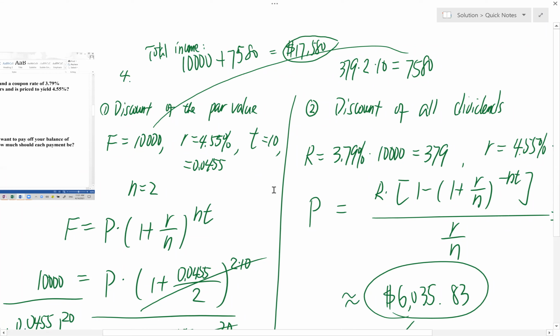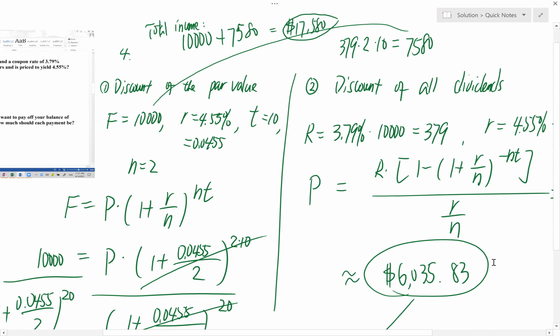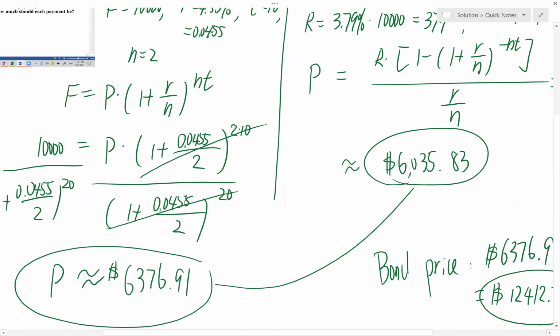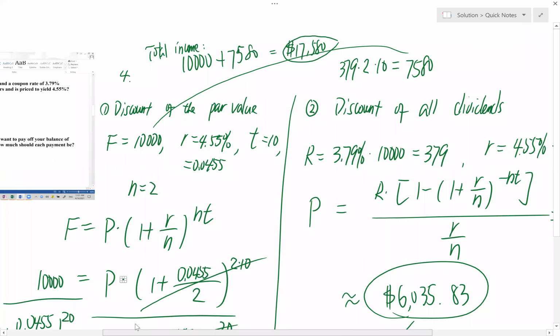So again, if there are different investment options out there, you should always compare the intrinsic value. This is the intrinsic value, right? And then how much you are willing to pay for it, for a fair price, right? Okay, very good.